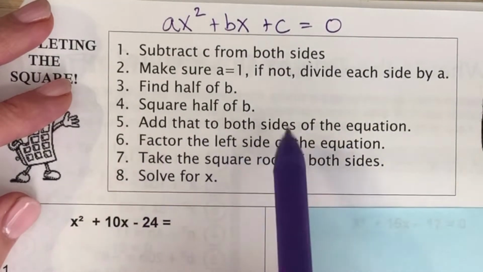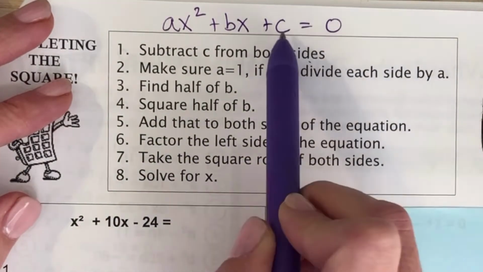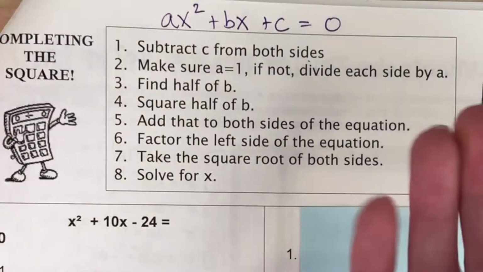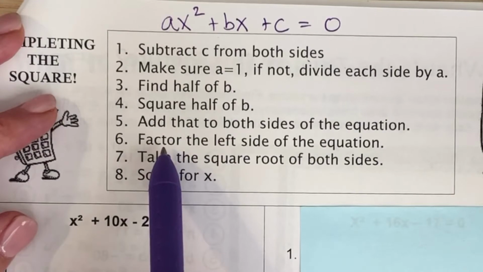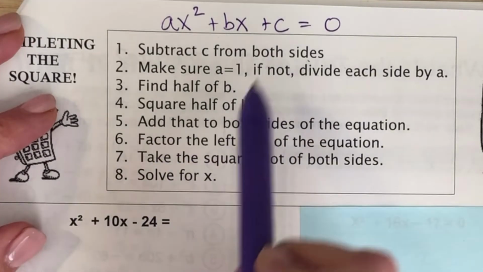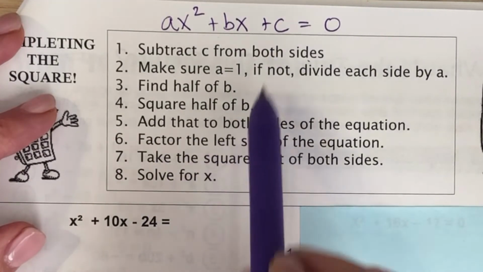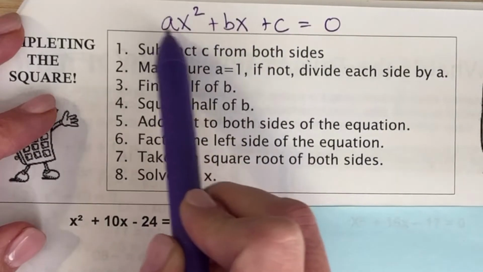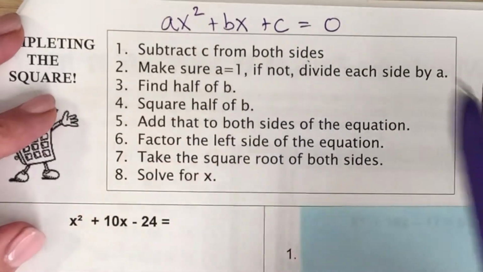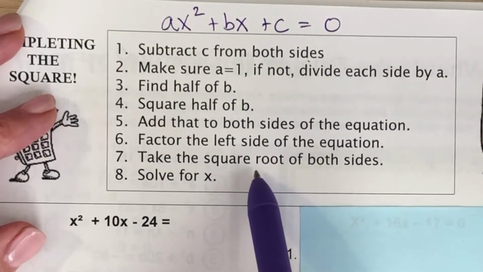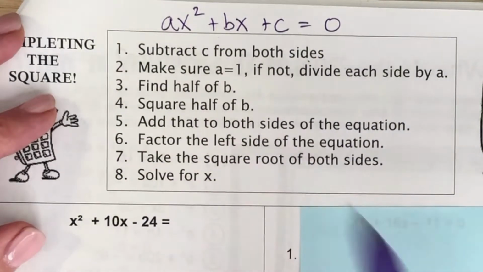Then we're going to add that to both sides of our equation, so that both sides can be equal. Then we're going to factor the left side of the equation, because when we add it to both sides, we're going to end up with a perfect square on this side, and so we can factor out this perfect square. Then we're going to take the square root of both sides, and then we're going to solve for x.